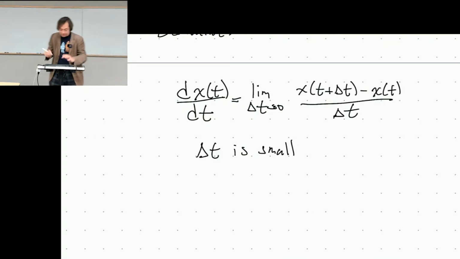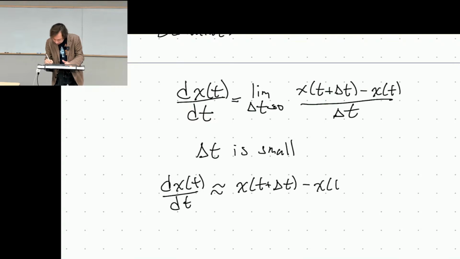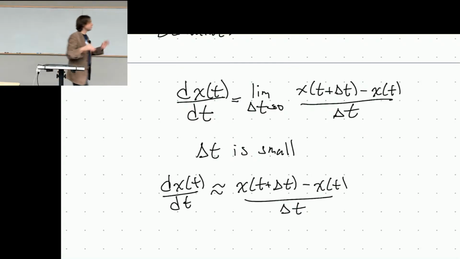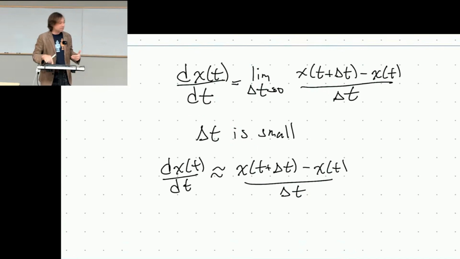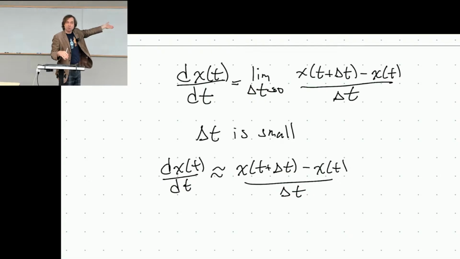That would mean that the derivative of x with respect to t is approximately equal to x of t plus delta t minus x of t, over delta t, where delta t is small. Small steps, little tiny steps that march forward in time. Now, of course, in calculus, time is not the only thing you can take a derivative with respect to.